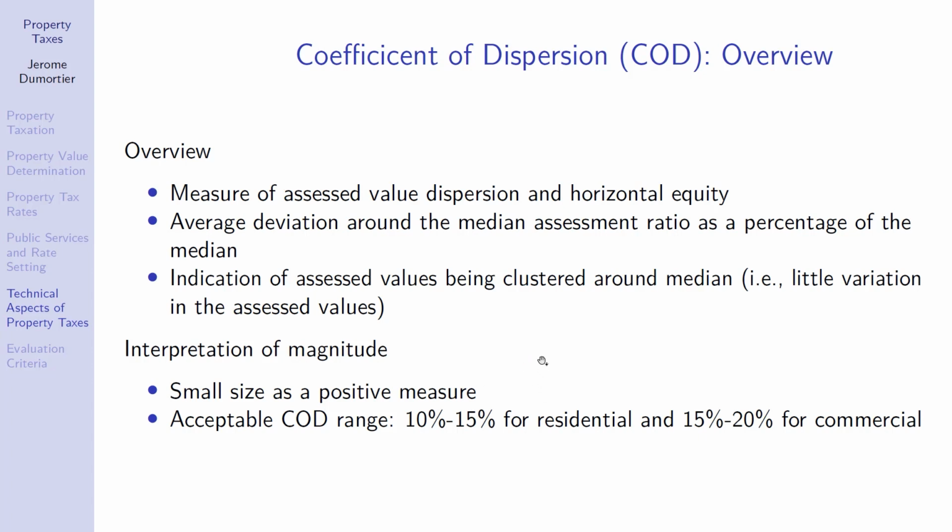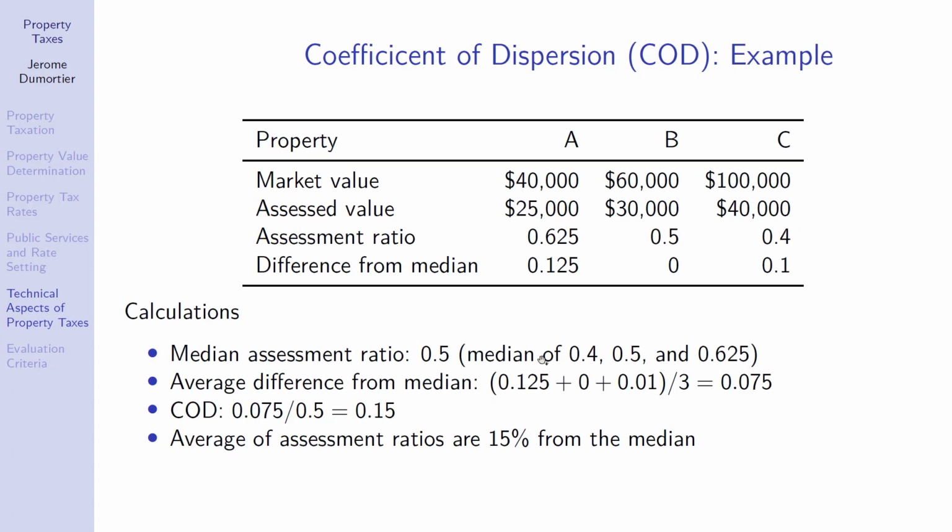So what does this mean in reality? Let us do an example here. Consider this situation where we have three properties, A, B, and C. And the market value of those three properties is $40,000, $60,000, and $100,000. The assessed value is $25,000, $30,000, and $40,000.